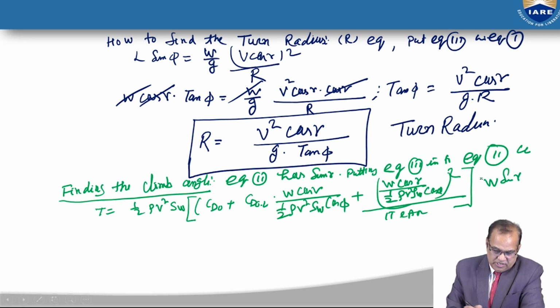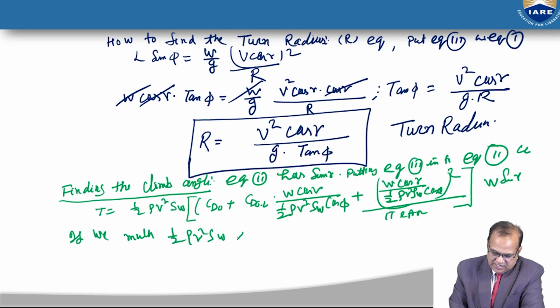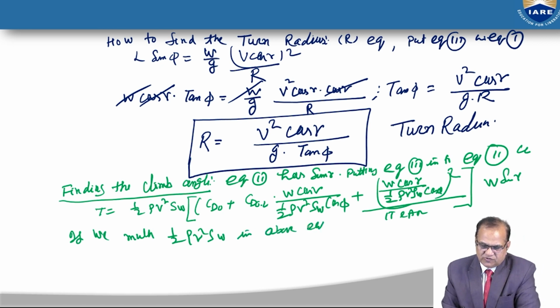So now if you multiply by half rho V square SW in the above equation, then what are we going to get?